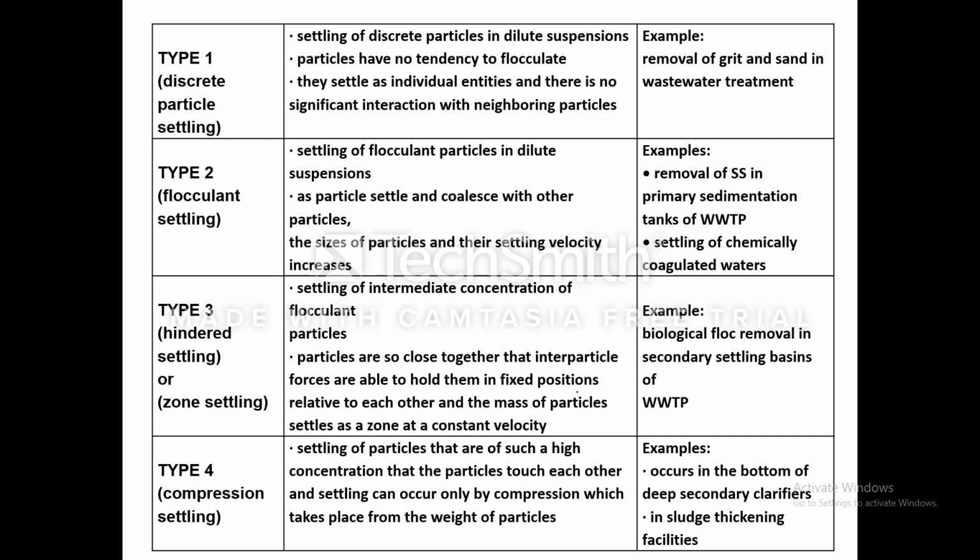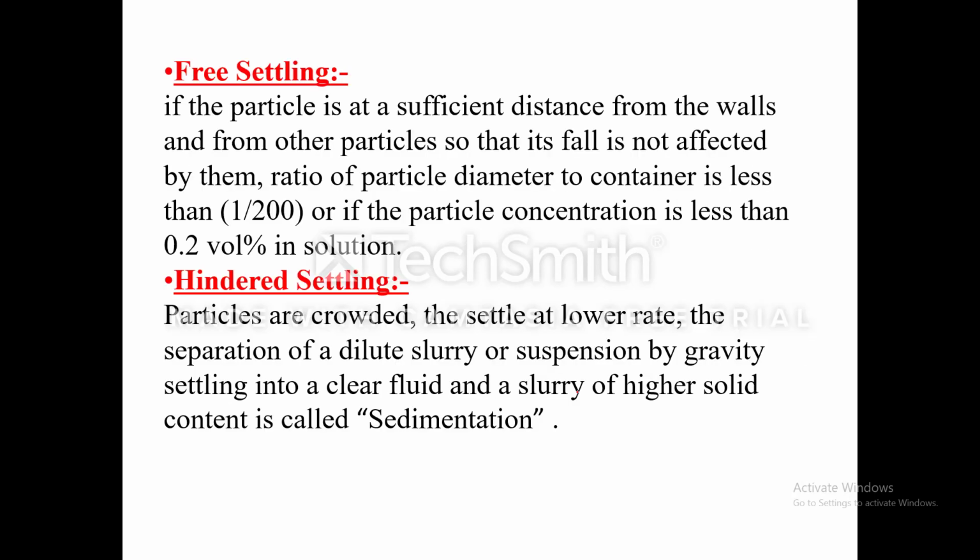This table shows type 1 discrete particle settling, type 2 flocculent settling, type 3 hindered settling or zone settling, and type 4 compression settling. Each type in this table gives properties and examples, and I leave that for you to read. Now we try to define free settling.